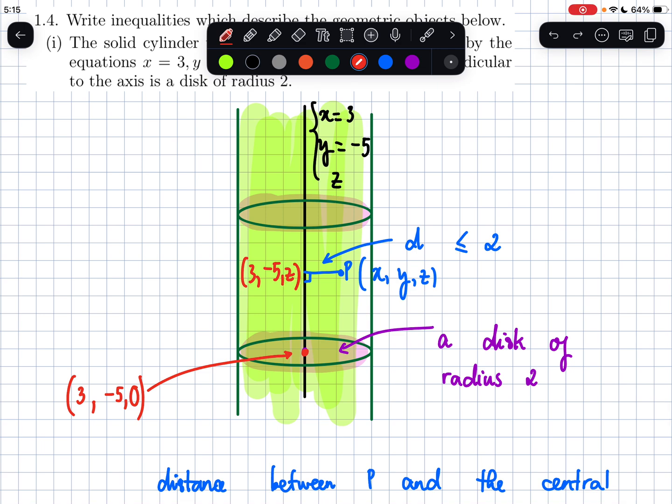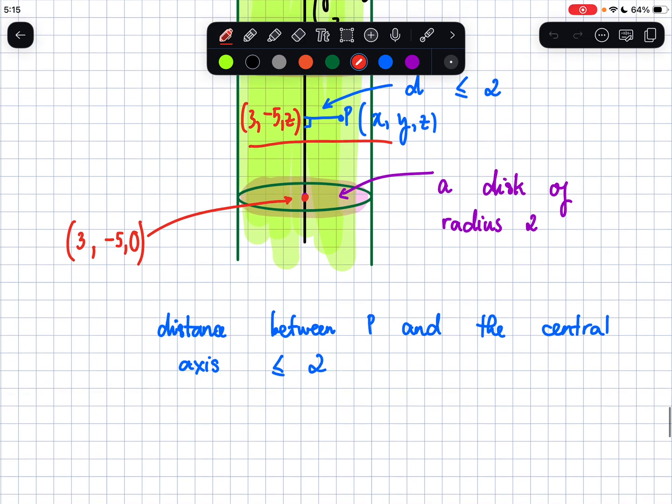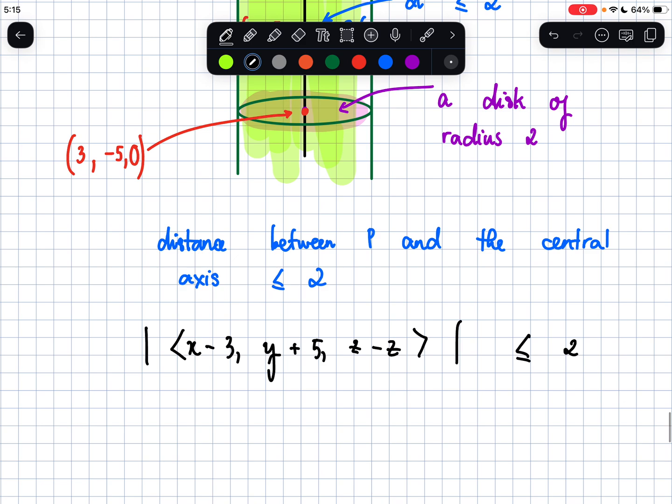So the distance between the two points is the length of the vector (x-3, y+5, z-z). This length is at most 2.